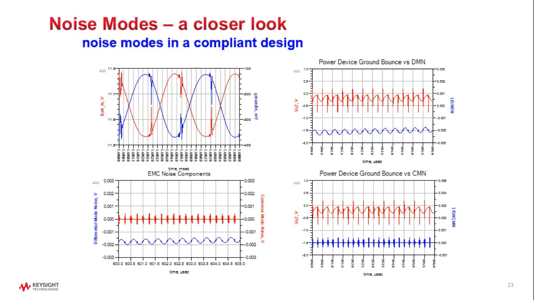Bottom left, this shows the noise voltages broken out into common mode and differential mode components. Now, if I take you in strictly a SPICE environment, that common mode noise will probably not be there because you've represented your ground planes as ideal.